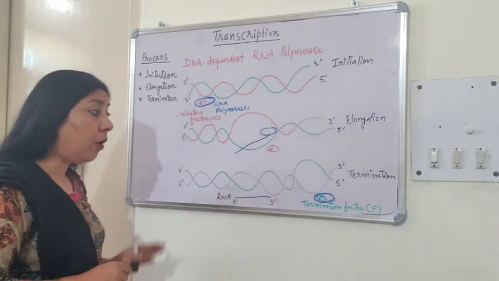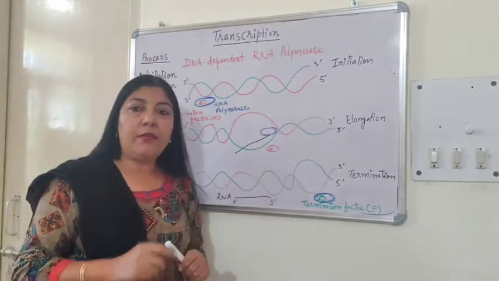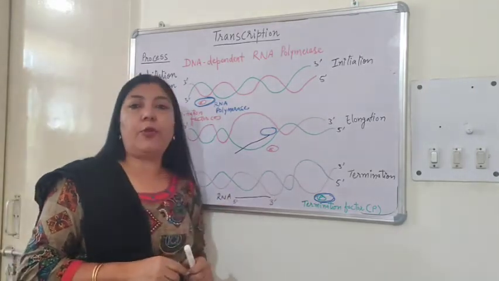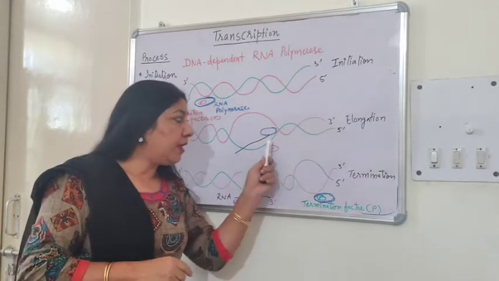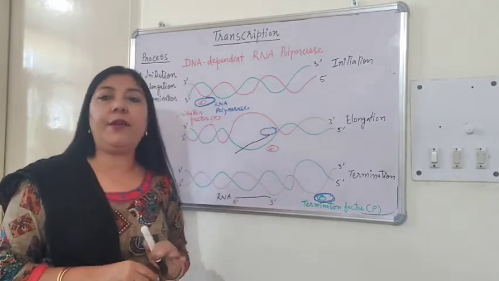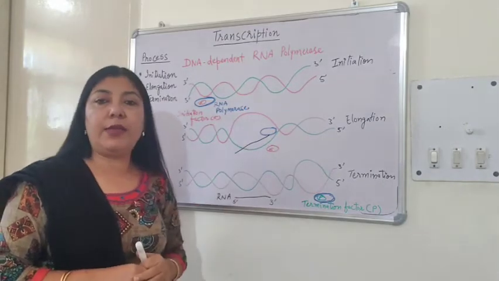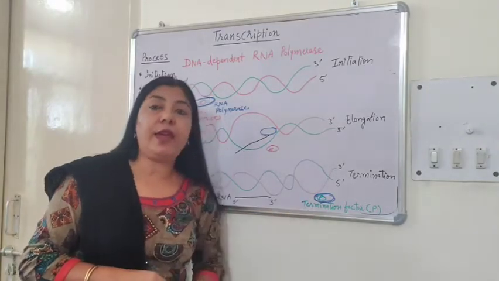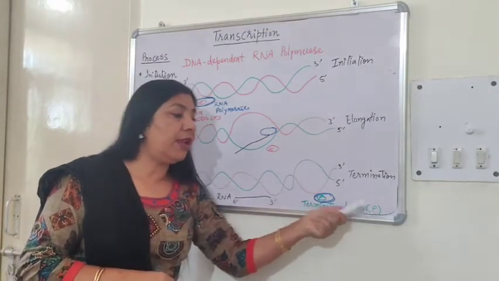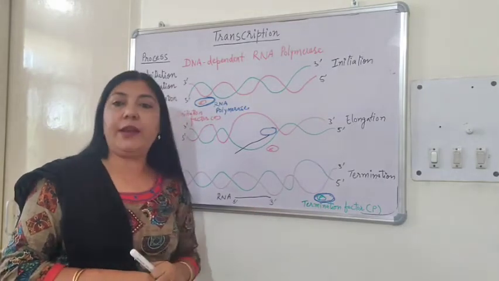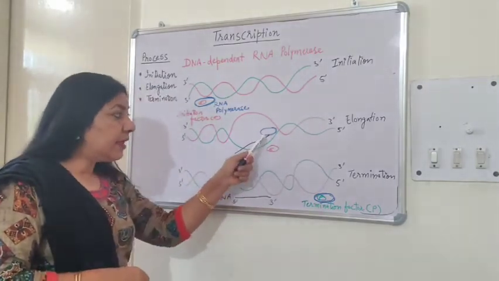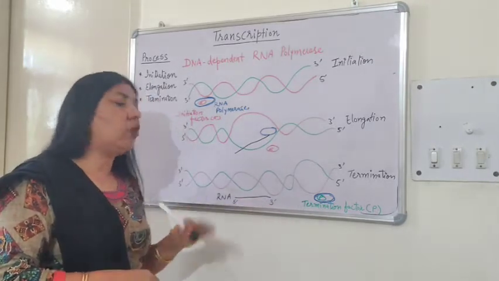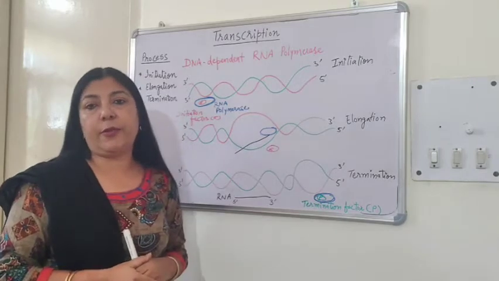Now, a point will come, that is the termination point. At the termination point, the sigma factor will get removed from the RNA polymerase, and a termination factor, which is called rho, will bind to it, and this RNA which is transcribed is released as a new transcript.